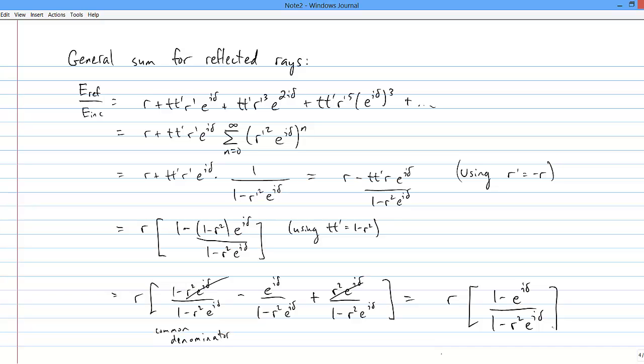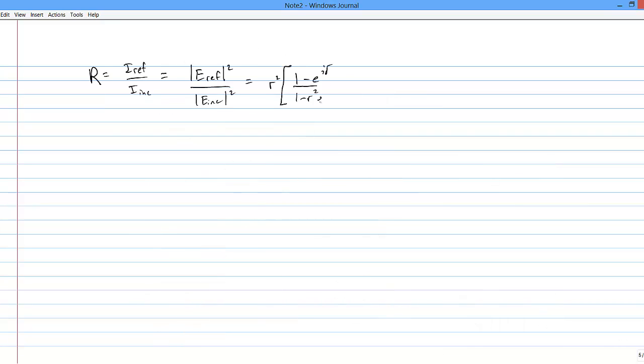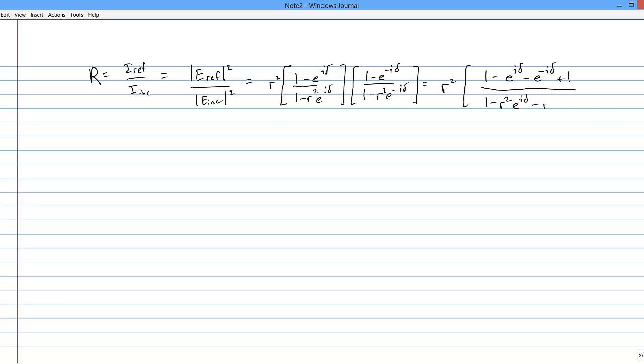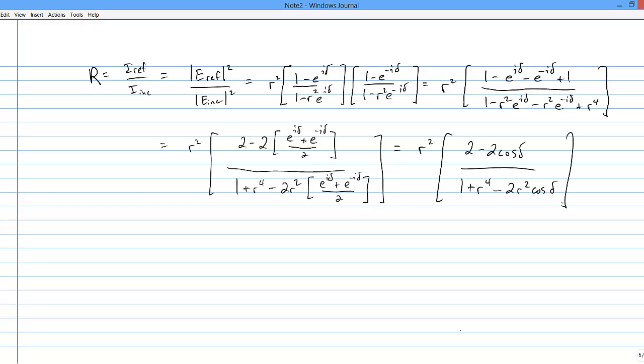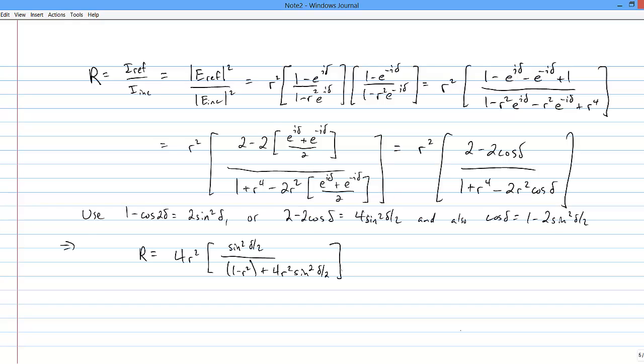To get something real and more interpretable, we'll find the regular reflection coefficient, big R, by doing some square magnitudes. Now some trig identities, in particular double angle formulas. That there is pure real, but could still stand to be a bit easier to interpret.